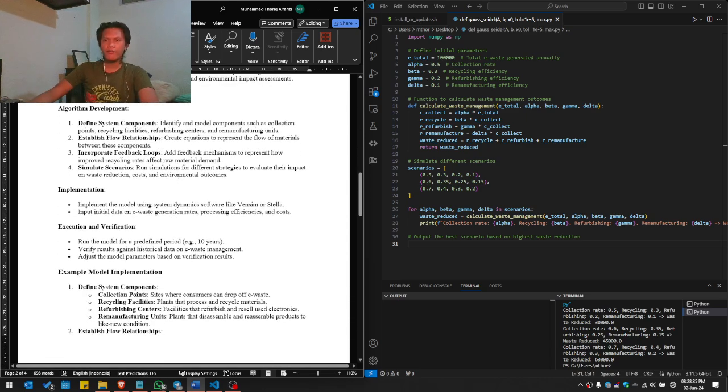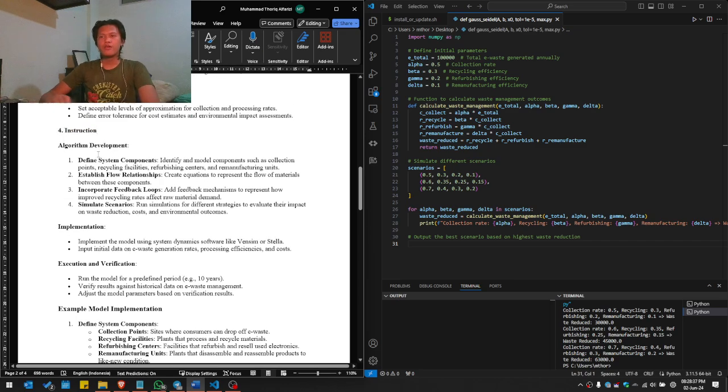And finally, we have our instructions. We have four parts in this instruction, which are algorithm development, implementation, execution, and verification. The first one is algorithm development, and written here is define system components, and that is to identify and model components such as collection points, recycling facilities, refurbishing centers, and manufacturing units.